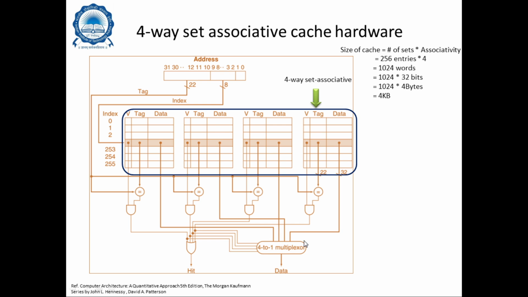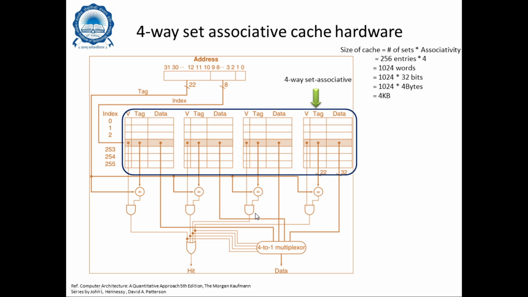Depending on the select line value obtained from the 4:2 encoder, the output from this 4:1 multiplexer is then sent to the processor if it's a hit. I'll tell you how we got these values of 8 and 22.